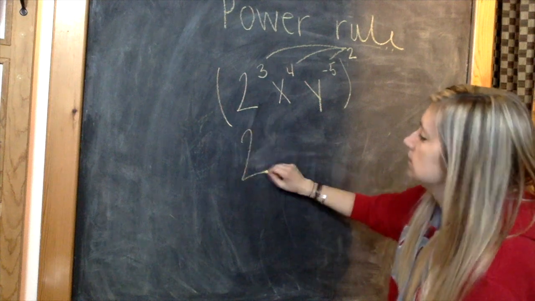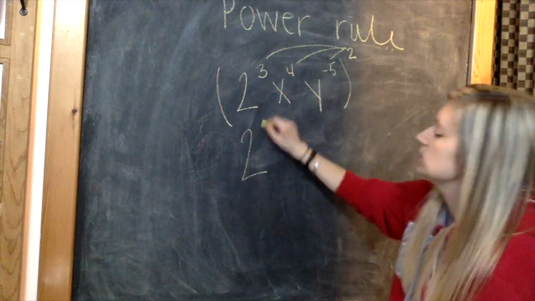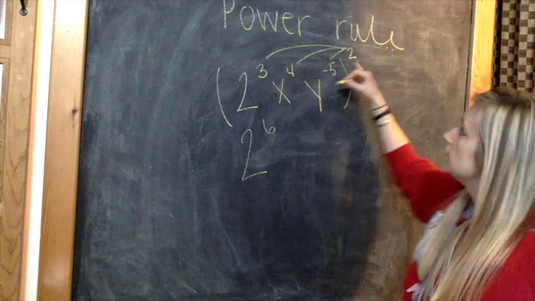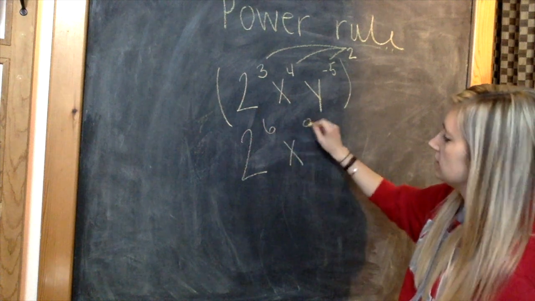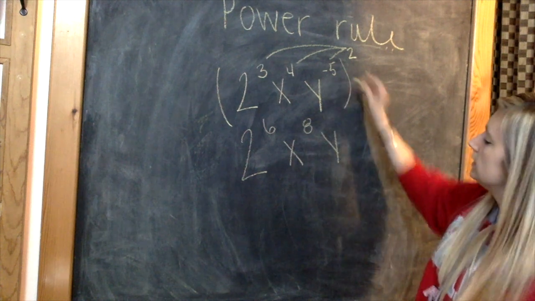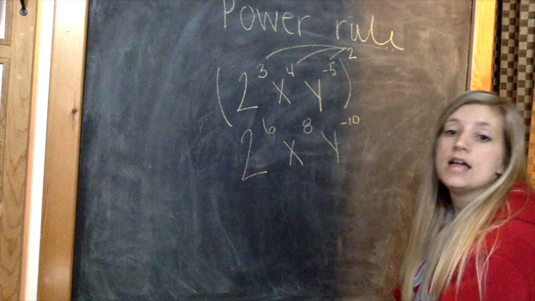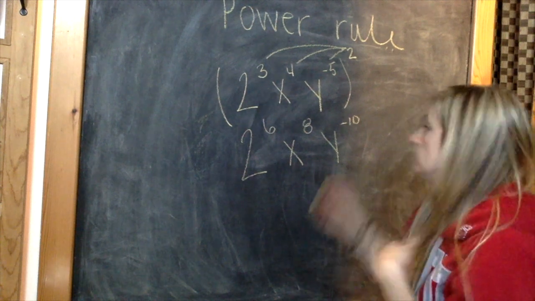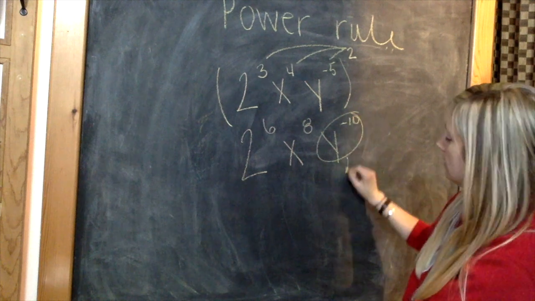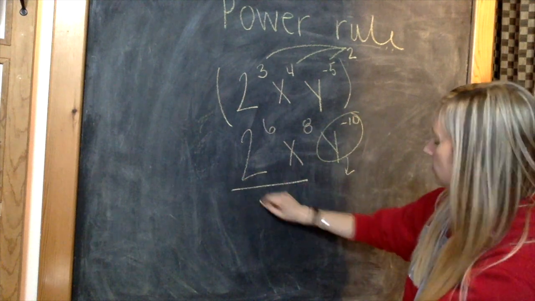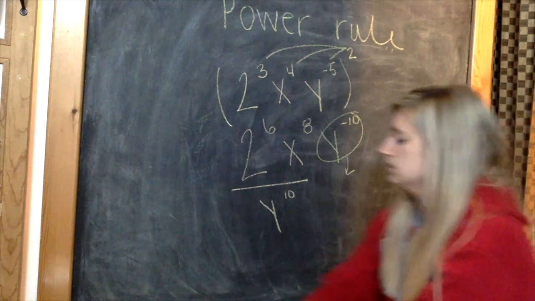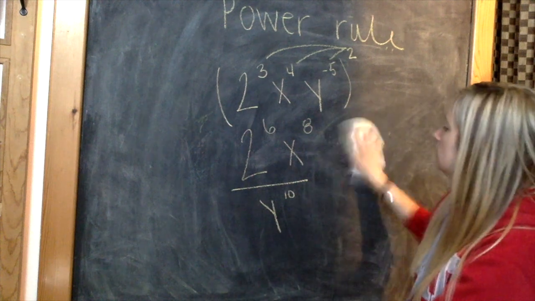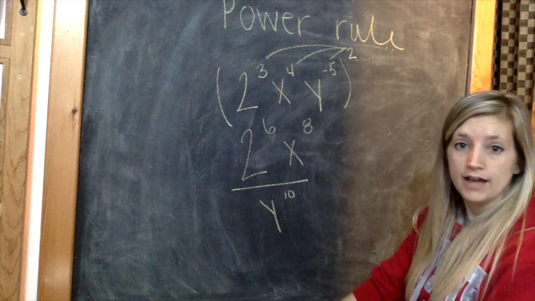So this is 2 to the 3 times 2, which is 6, 4 times 2, which is 8, and then y to the negative 10th. And then I'm not done yet because you have to have all positive exponents, so you need to take this guy and move it down. So then your final answer would just look like that.